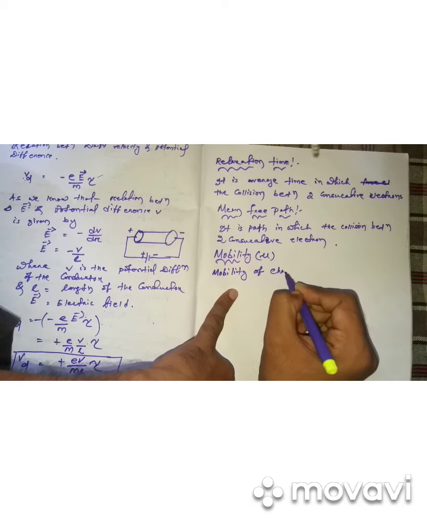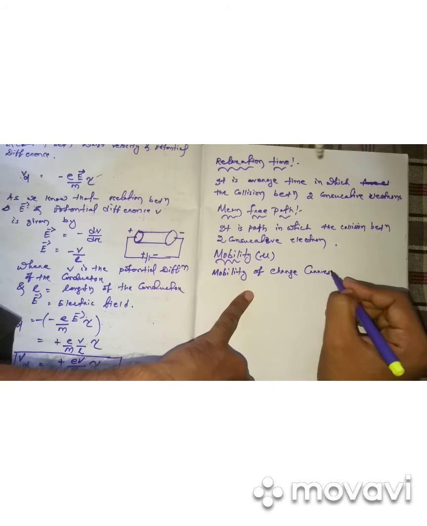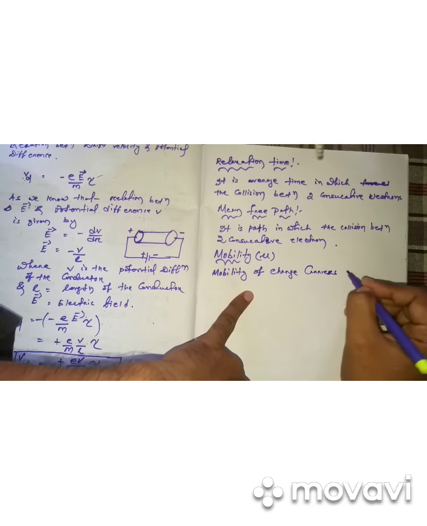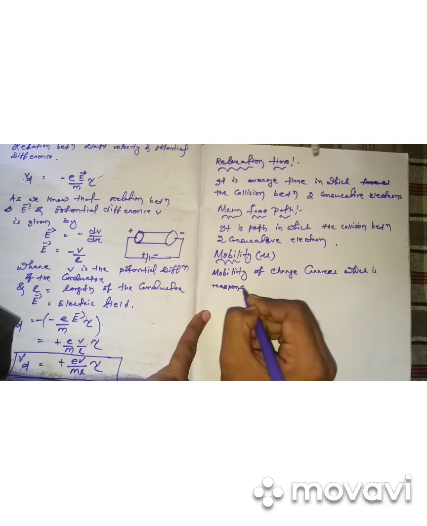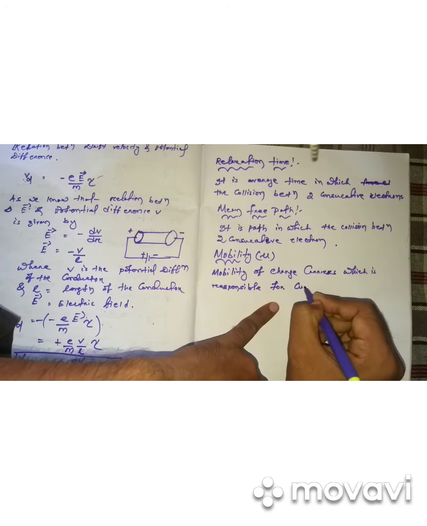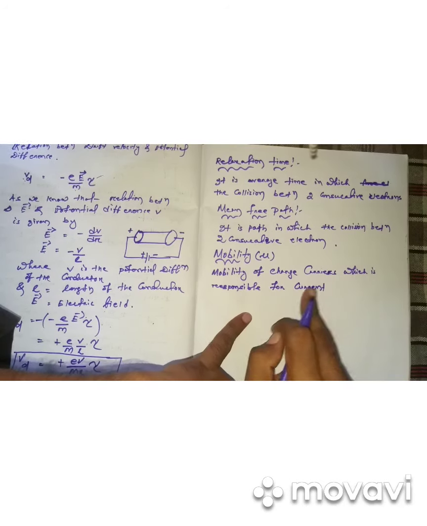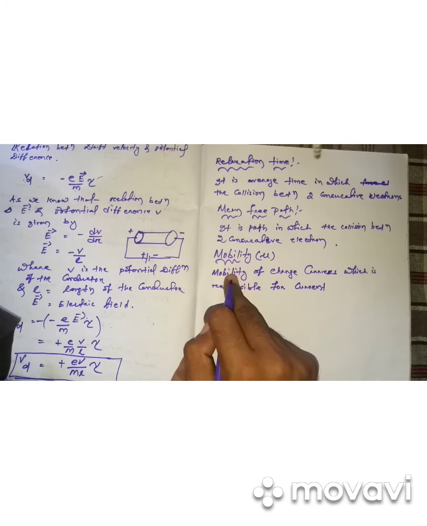So mobility of charge carrier, which is responsible for current. For generating current, what is required?